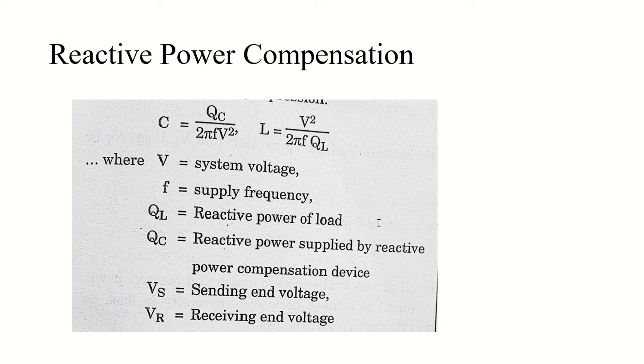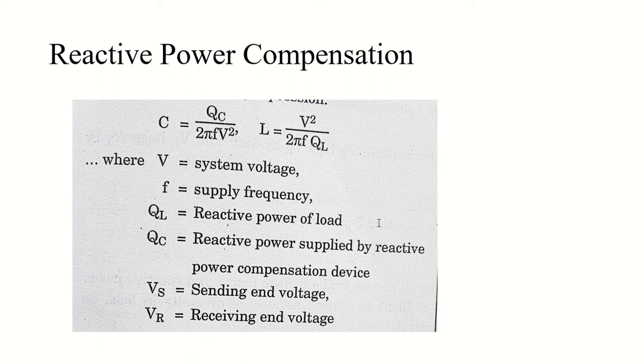Now, to maintain good stability of the system, as I've said, the power angle should be as small as possible. The smaller the power angle, the better the power factor of this system will be.